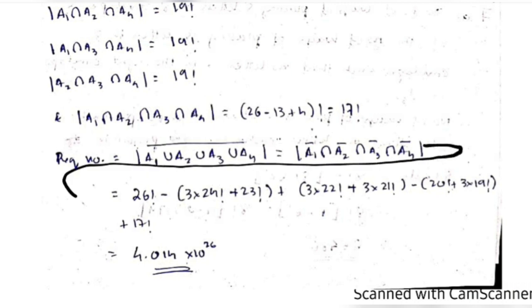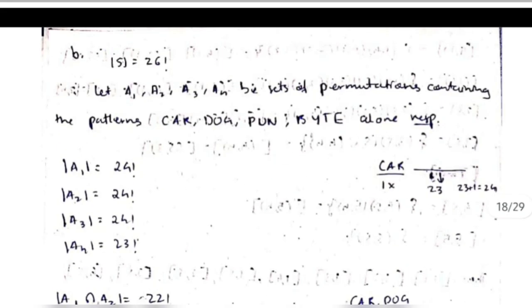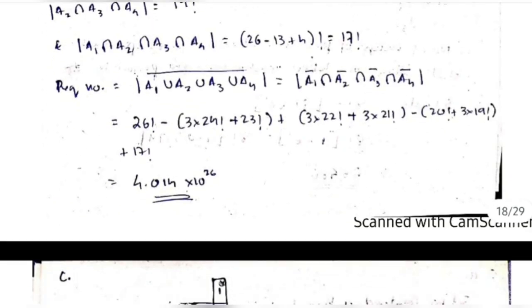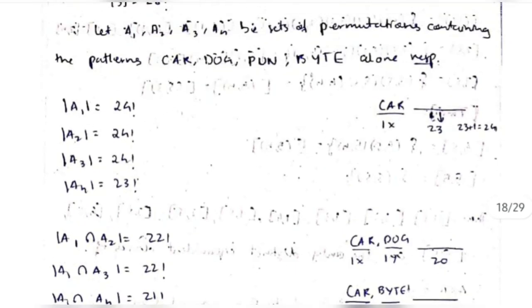The expansion of this formula is this one, that is S, which we had found out earlier, which is 26 factorial. We have to write that minus this one, which is nothing but 3 into 24 factorial plus 23 factorial, the sum of these.